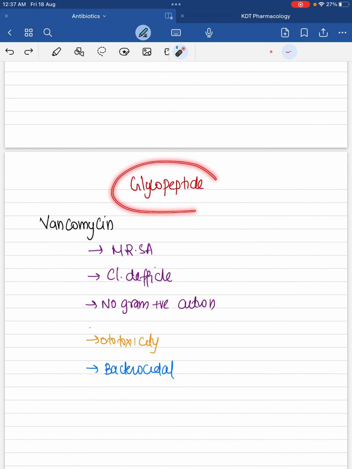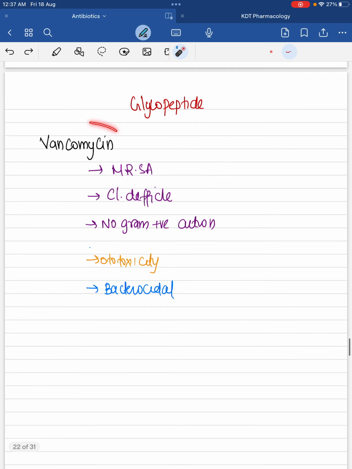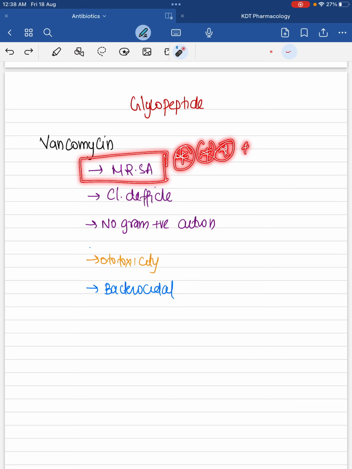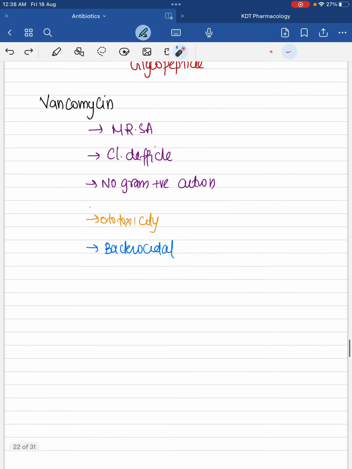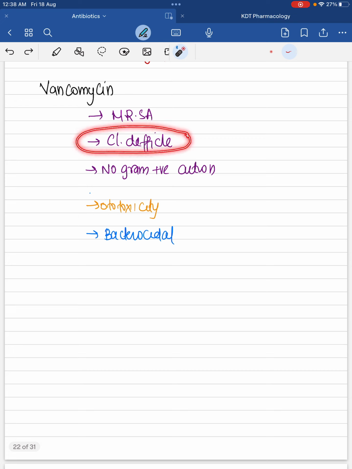Then the last one is glycopeptide. The best example is vancomycin. Vancomycin, what is the coverage? First and the most important is MRSA. This much clear? Then Clostridium difficile.